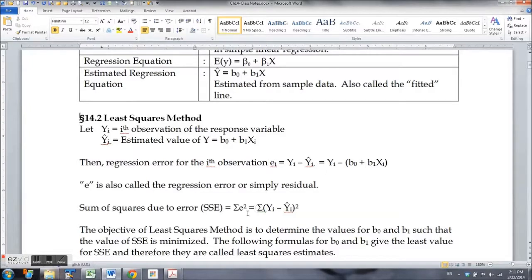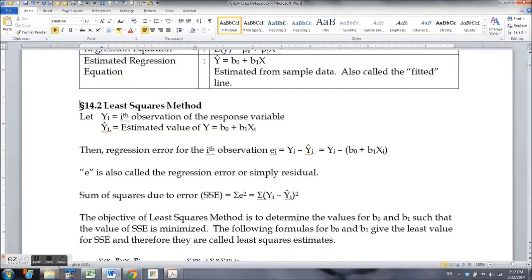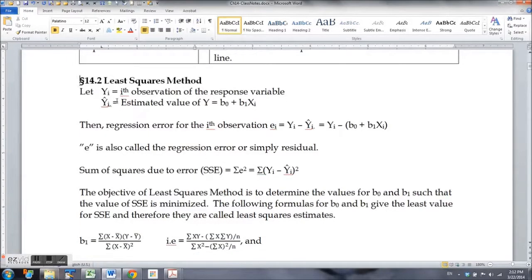If you square this error term and add them up, that will be your total estimate of the error, which is called the sum of squares due to error. The least squares method attempts to find formulas for b sub 0 and b sub 1 that will minimize this sum of squares of error. That's why it is called the least squares method.